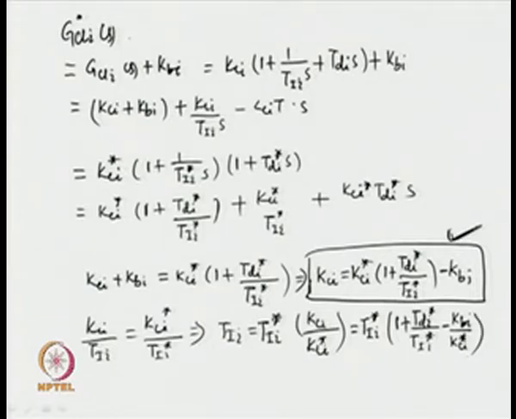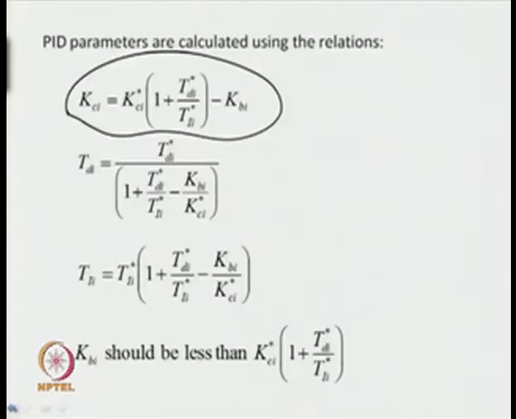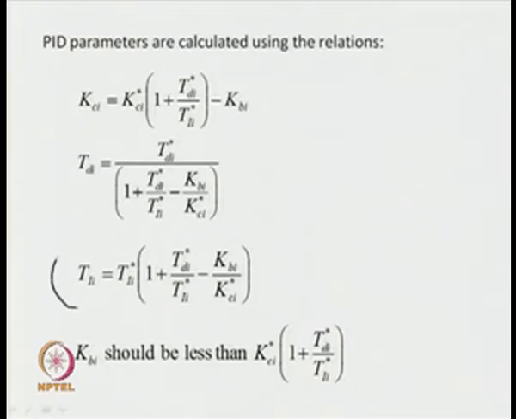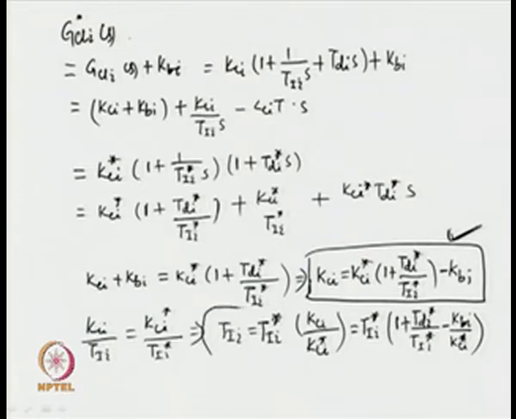So, this is what we have got earlier also. If you look minutely, Tii is equal to Tii star times 1 plus Tdi star upon Tii star minus Kbi upon Kci star, and we have also obtained exactly the same relation from the analysis.